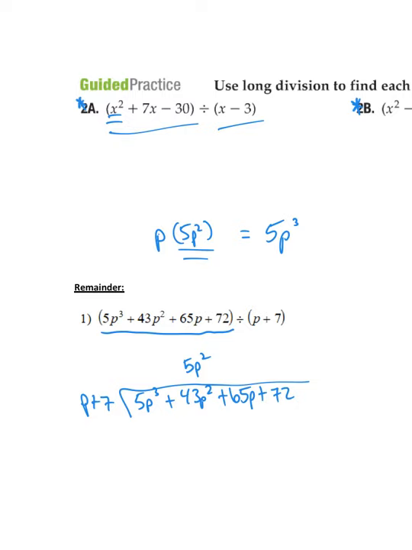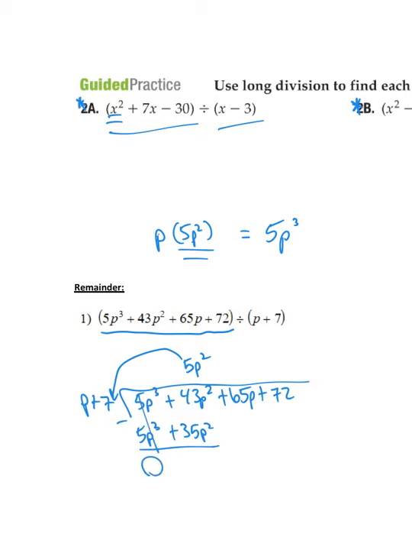So 5p squared times p is 5p cubed. Guys here, 5p squared times 7, that's going to be 35p squared. And we're subtracting these. So 5p cubed minus 5p cubed, that's 0.